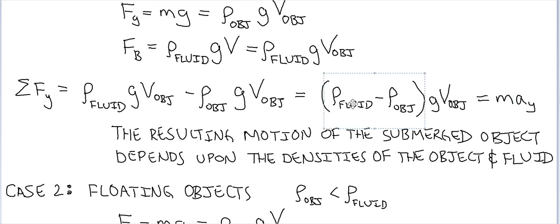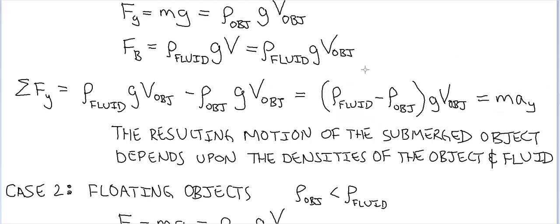If the fluid is less dense than the object, then this value is negative. a_y is negative. In that case, it's going to sink. So you might imagine taking a rock and throwing it into a swimming pool. The rock's density is greater than the water's density, and so it sinks.